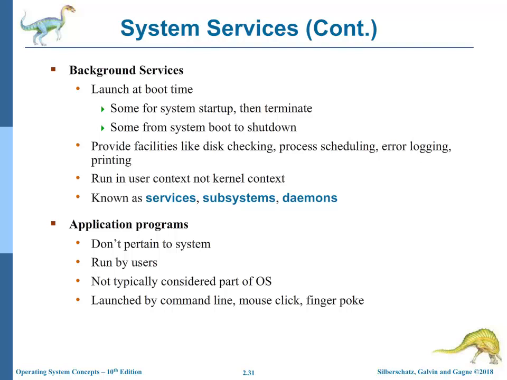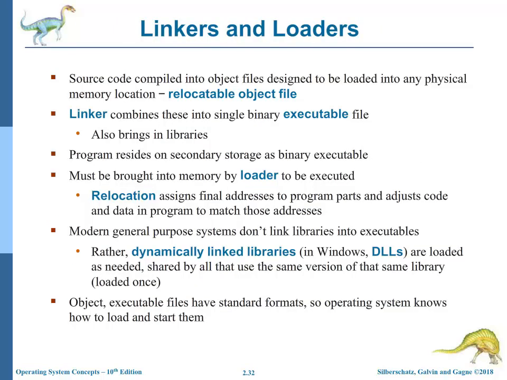There are also application programs which are not considered part of the operating system. Those application programs are run by the users and launched by the command line or GUI interface. Source files are compiled into object files that are designed to be loaded into any physical memory location, a format known as a relocatable object file.